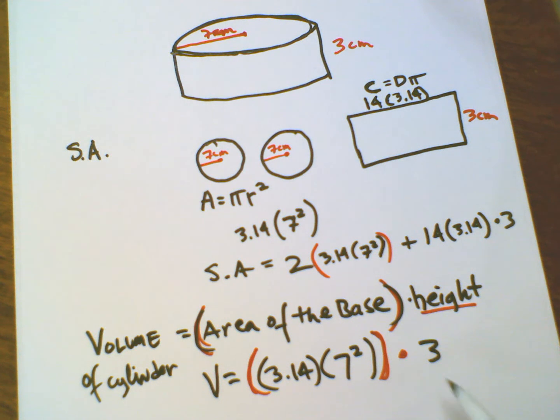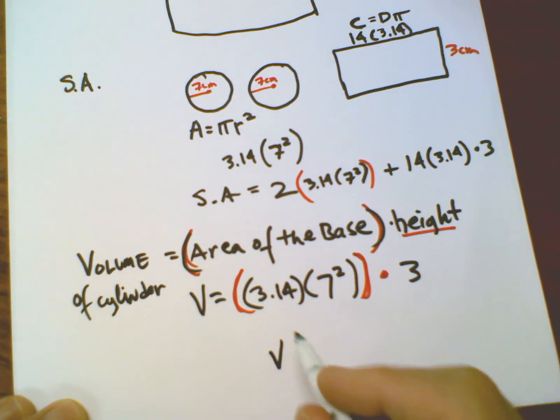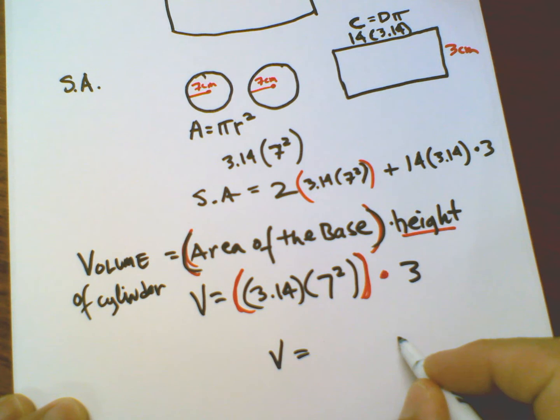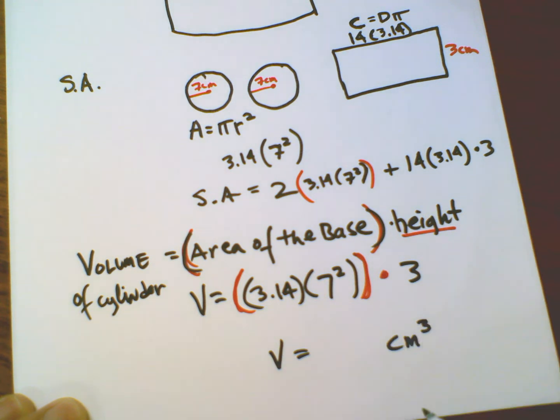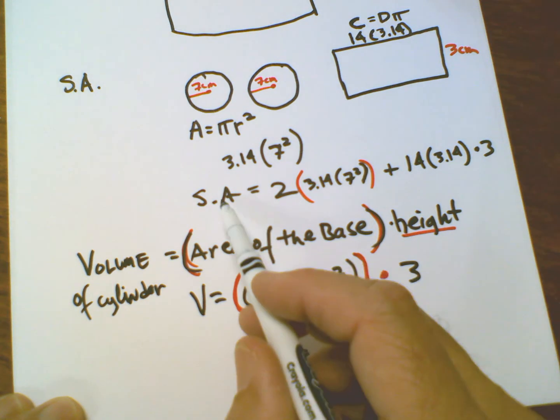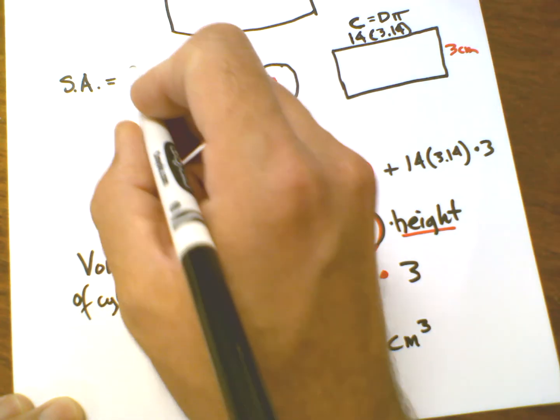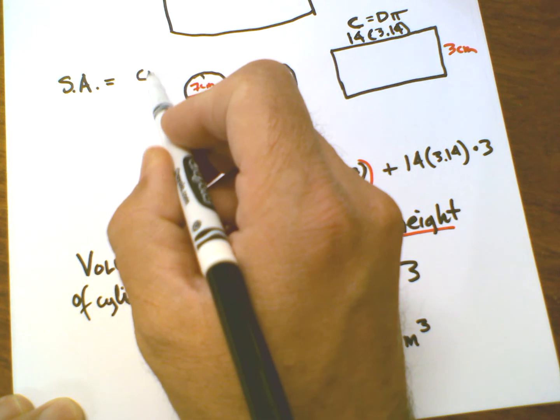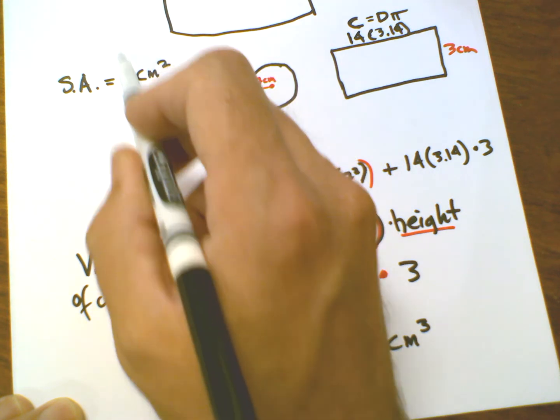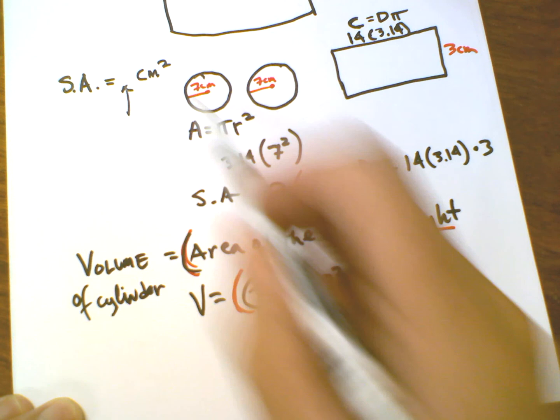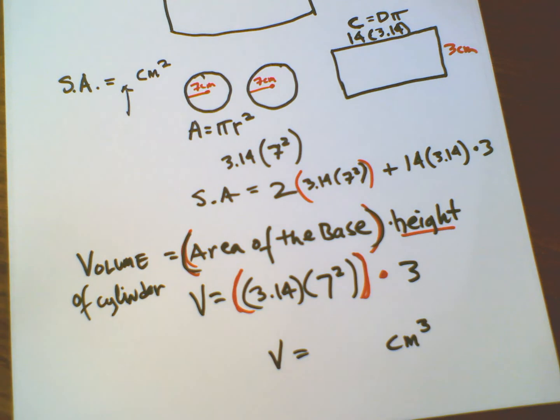Okay, so there we go. I'll let you crunch those numbers. Keep in mind when you're done, though, volume is always in cubic centimeters, or cubic whatever the unit is. And surface area is going to be centimeters squared, because area is squared units and volume is cubic units. All right, there you go.